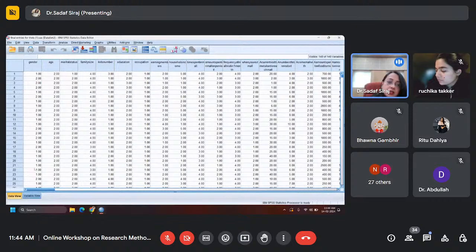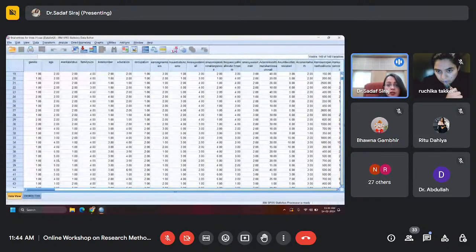So if the person says that yes, he or she has gone to the shopping mall, and yes, in a month they visited twice, or maybe in 3 months they visited 4 times, then they are suitable respondents to fill your questionnaire. So as you can see, it's a huge database. Now, what do I do with so many numbers?